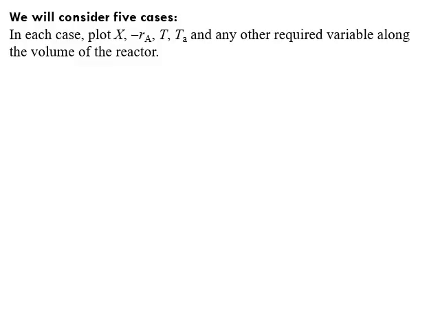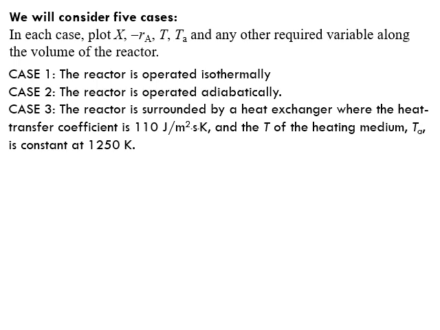We will consider 5 cases. In each case, plot X, minus Ra, temperature, Ta, and any other required variable along the volume of the reactor.